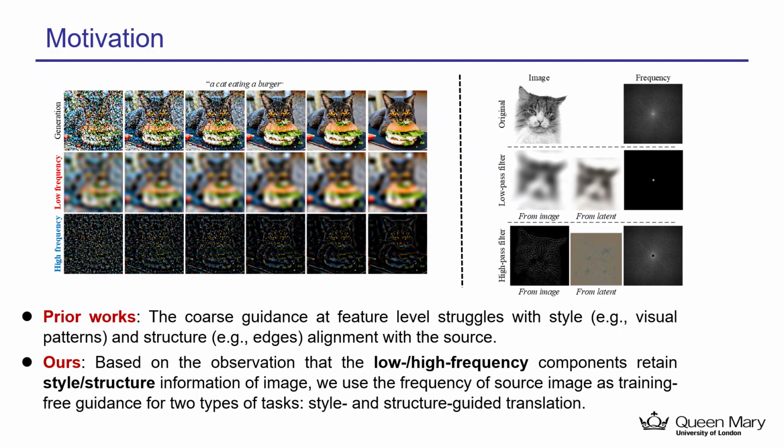Another work also uses frequency information, but for the high frequency guidance, they simply use the high frequency information of the inversion and the low frequency information of the sampling.